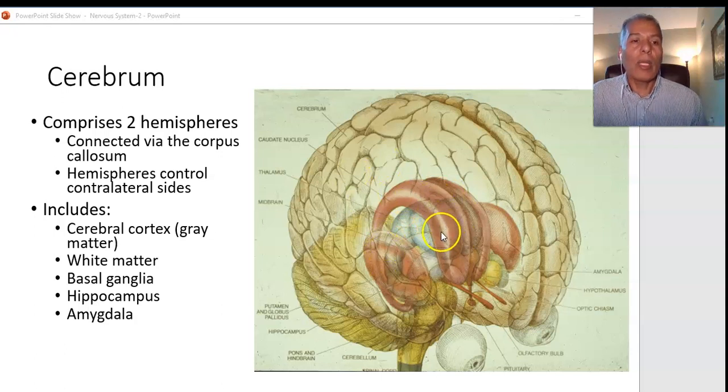And then there's the hippocampus, and there's the amygdala. So how many structures does the cerebrum have? If I ask you to name all of them: 1, 2, 3, 4, 5. Then at some point we'll explain the levels of the cortex. But just know that the cortex is part of the cerebrum.